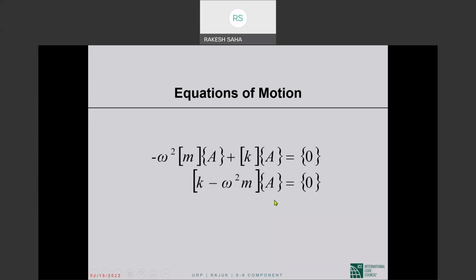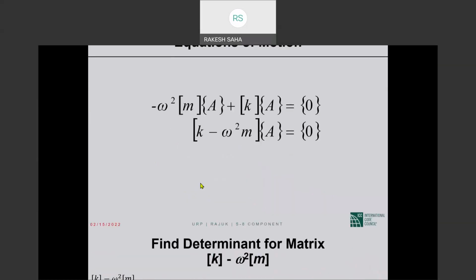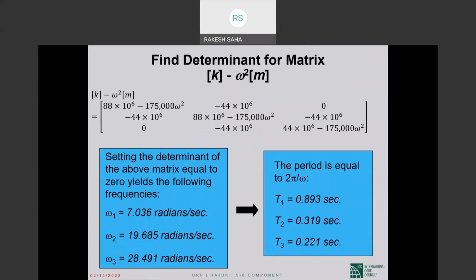Okay. So this matrix, k minus omega squared m, in our particular case, we know the stiffness matrix, we know the mass matrix. Our stiffness matrix had 88 units here, and the mass matrix had 175. So k minus omega squared m would be this. Here we had a mass and a stiffness, but here we had no mass.